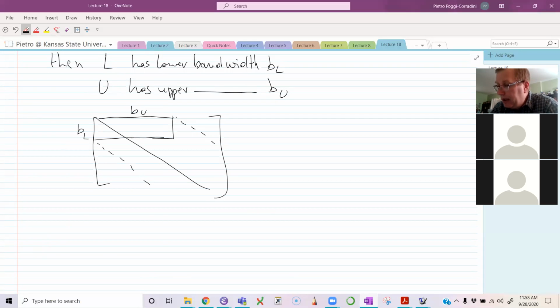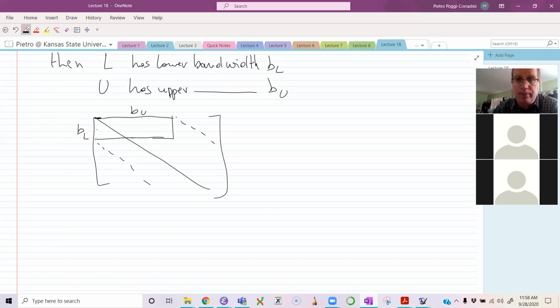But as you can see, if you don't do any pivoting, then you're going to use the first row to eliminate the variable only in the first BL places under the diagonal. And so those are the entries of L that you're going to get, right? Only BL entries below the diagonal. So at each step you stay within the same class of matrices.